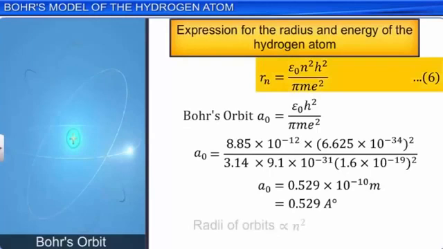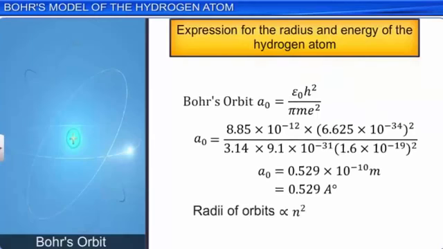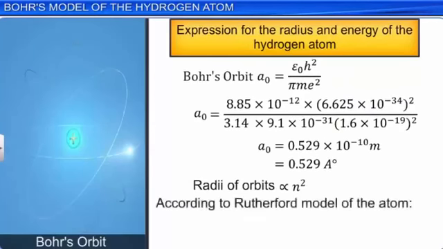According to Rutherford's model of the atom, the energy E_n of an electron for a particular orbit of radius R_n is equal to minus e² by 8π ε₀ R_n, where n is the principal quantum number. Let this be equation 7.